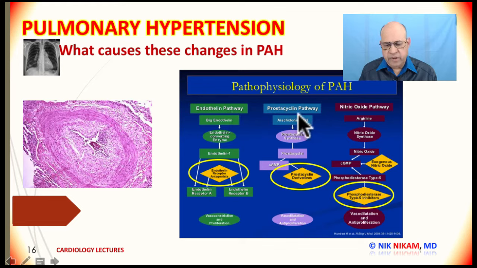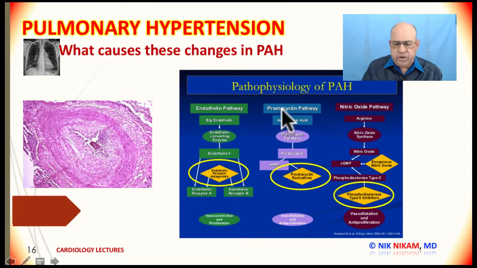The second one involves prostaglandin through the prostacyclin pathway, and the third one is through inhibition of the nitric oxide pathway. The endothelin pathway involves the production of endothelin 1, which acts on endothelin receptors A and B. It causes vasoconstriction and proliferation of smooth muscle cells.